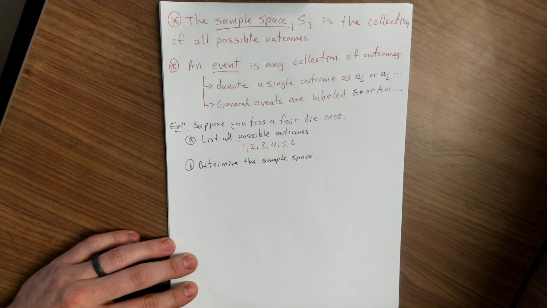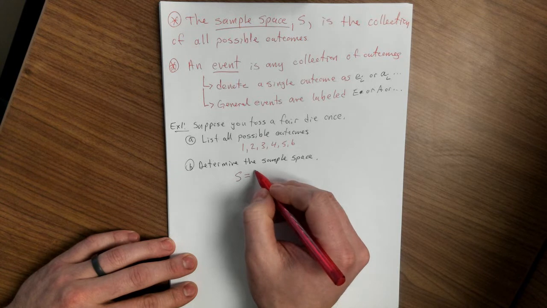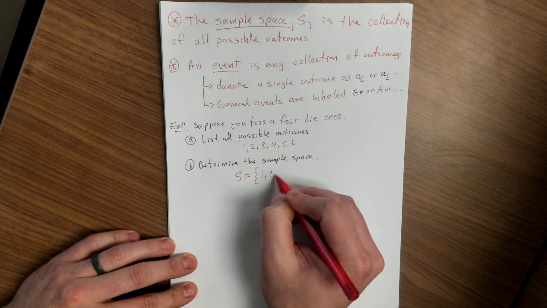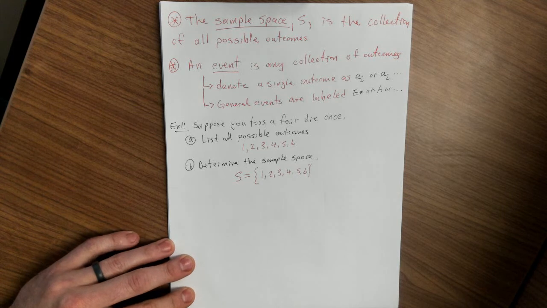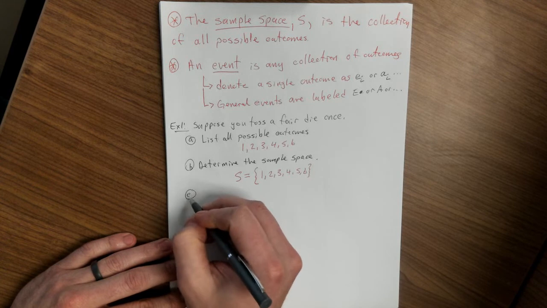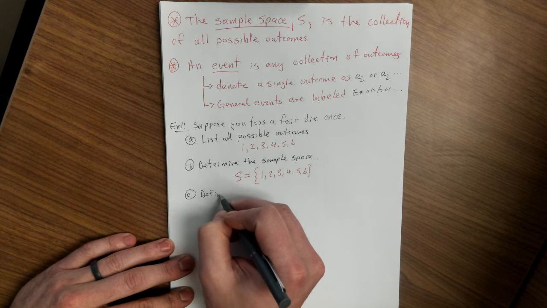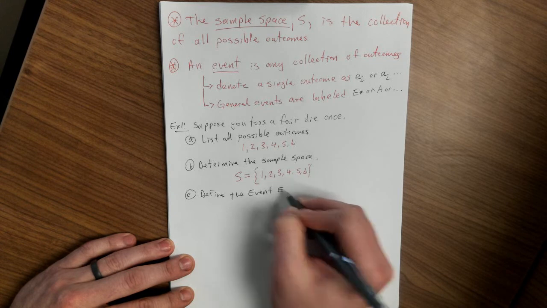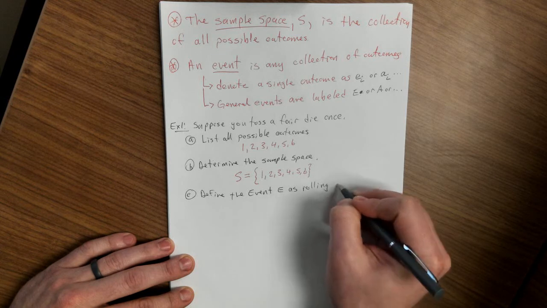Remember what the sample space is denoted as? S. So S is equal to, and what you do is open up a squiggly bracket like this, and then list all of your outcomes. And that is our sample space. Let's look at part C. Define the event E, capital E, as rolling an even number.